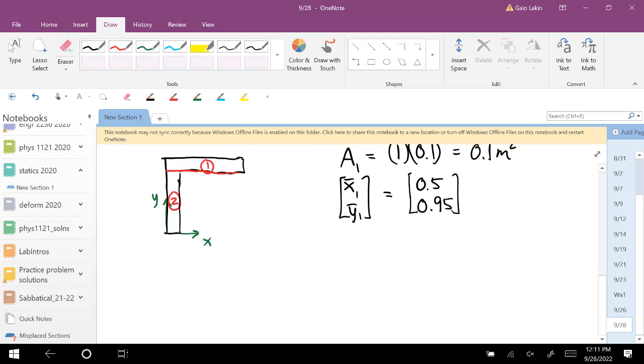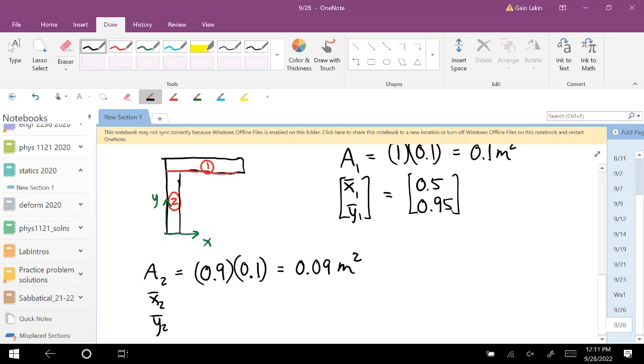And then for piece 2, the area is, so the height of that thing isn't 1, it's 0.9. So 0.9 times 0.1 is 0.09. And the centroid of piece 2 for x is 0.05, and for y is 0.45.